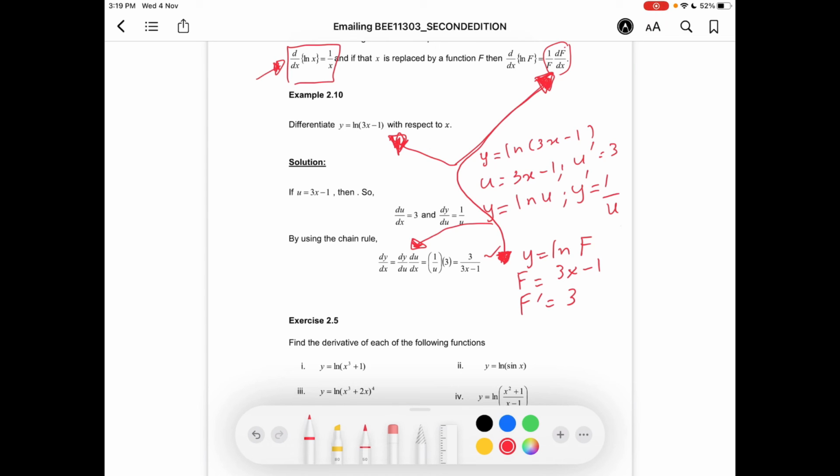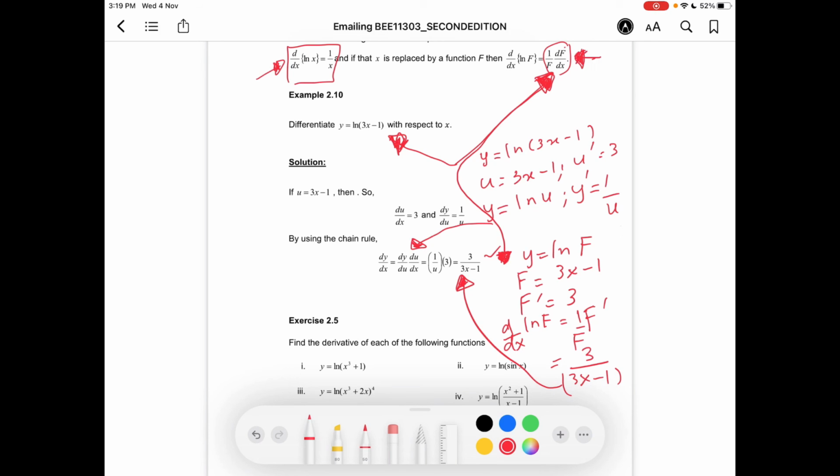If we just plug in using this formula, you will get 1 over f, times the derivative of f with respect to x, which is f prime. So your final answer is f prime, 3, over f, 3x minus 1. This is the shortcut.